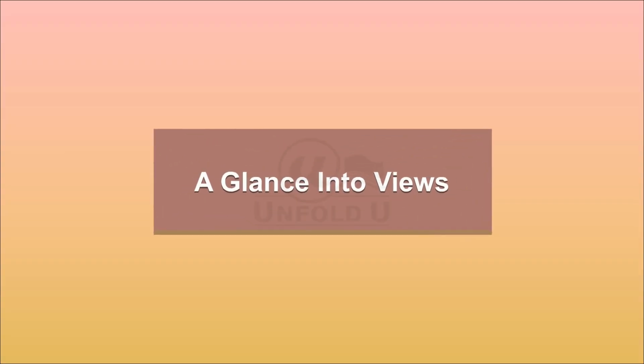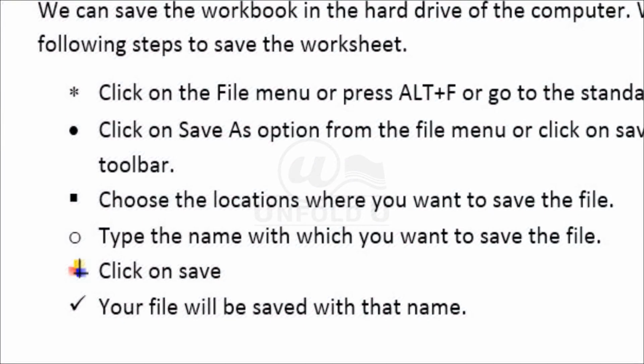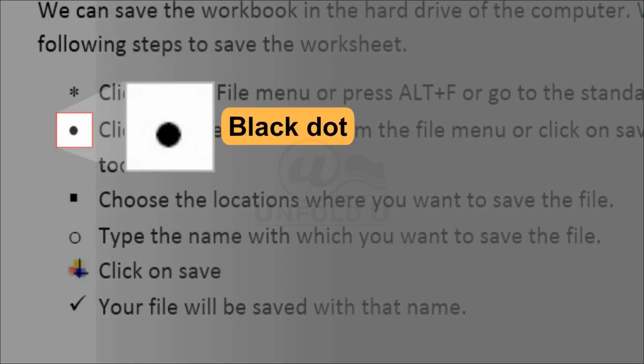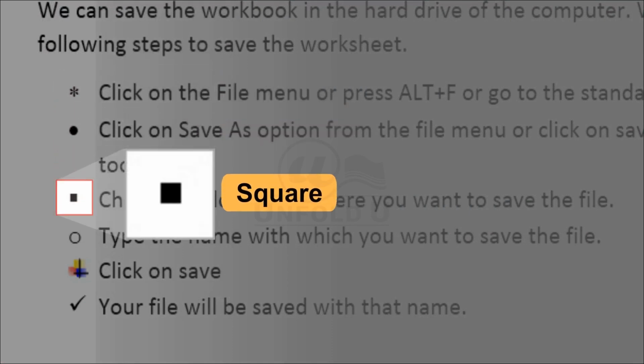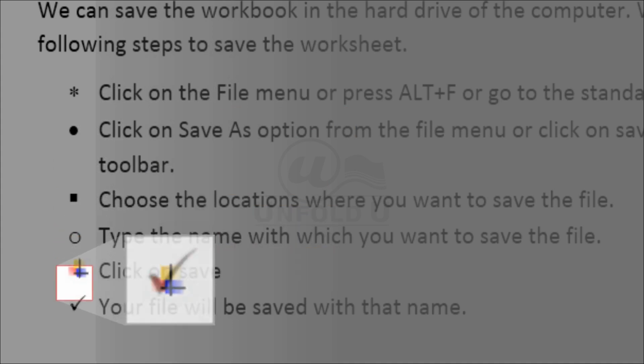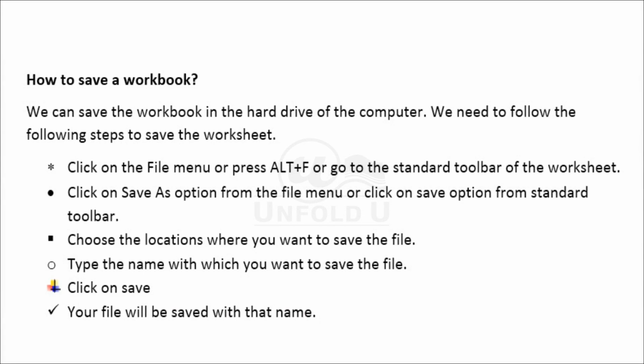To add bullets or numbering. A bullet point or bullet is an asterisk, black dot, square, circle, graphic, or other mark that is found before the text that identifies key items or other important text.